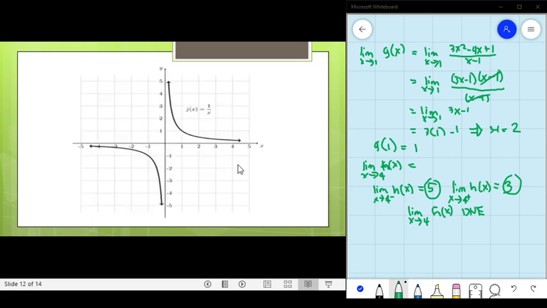Okay, so for this discontinuity, we are going to use the previous example we have, that is j of x is equal to 1 over x.